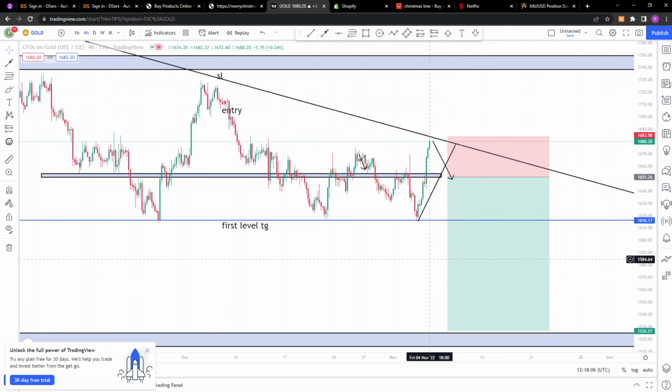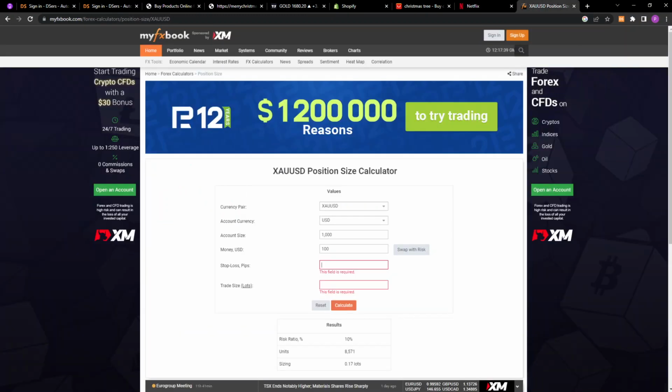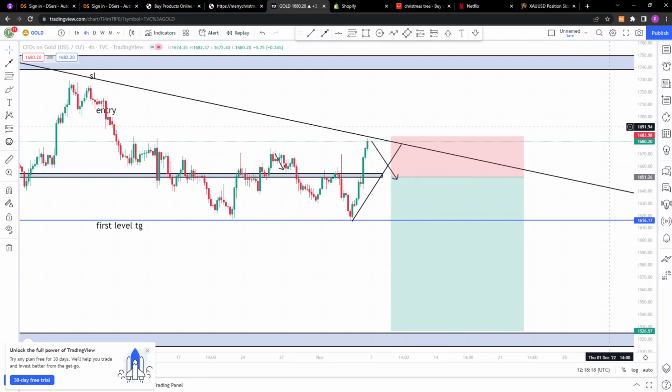Now you want to calculate this whole thing. Entry, 1683.98. Okay, that's your stop loss in pip value.